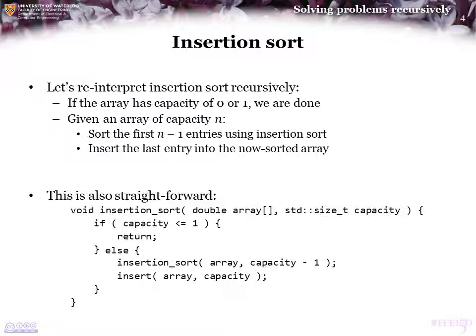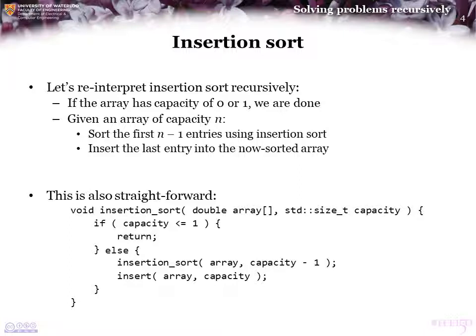As you will recall, the function we wrote, insert, takes the entry at capacity minus 1 and inserts that into the array starting from 0 going up until capacity minus 2, under the assumption those capacity minus 1 entries are already sorted.